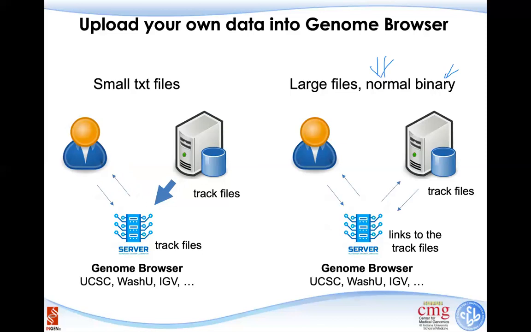As you can see, your data is still saved in your server. What you push to the UCSC here is not the entire file; rather, it's only a link to your file. I will show you some examples of that. When you access your data, you first communicate with the UCSC Genome Browser server, and you say, I want the information from chromosome 3 and from this location to that location.